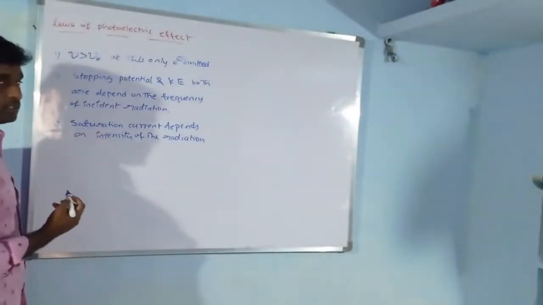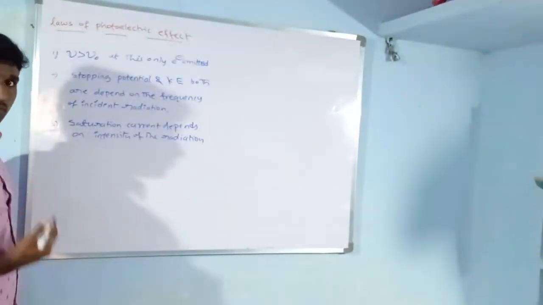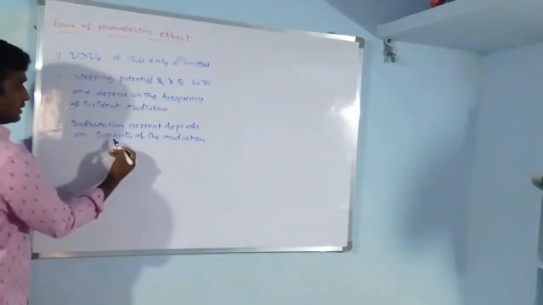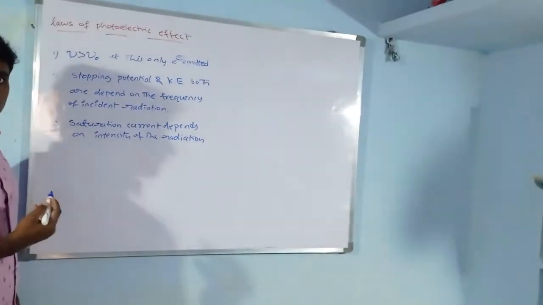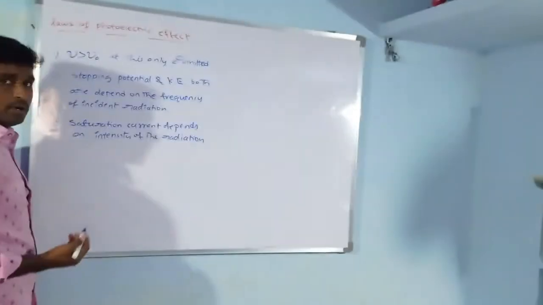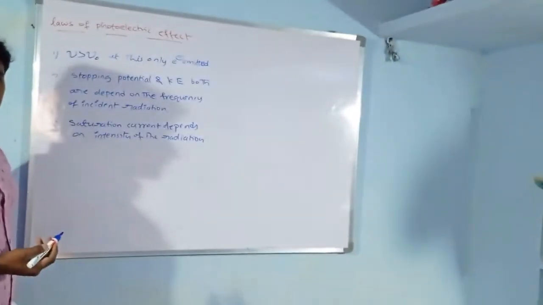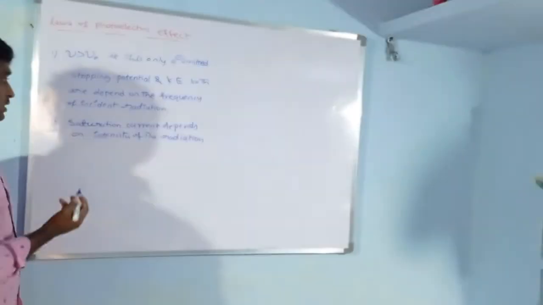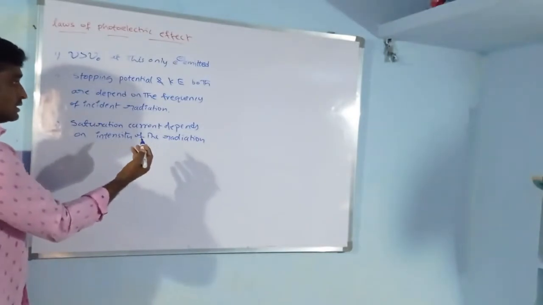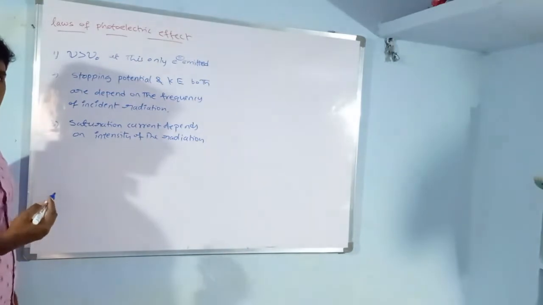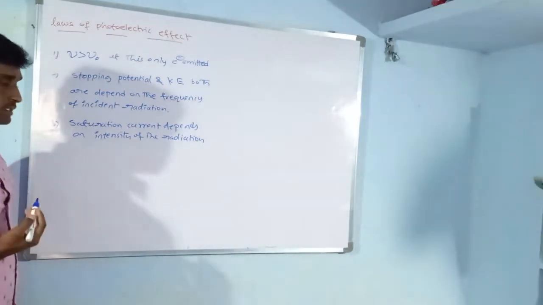After this limit, the current does not increase even if we increase the voltage of the battery. As the intensity of the source increases, the saturation current also increases. That means as the intensity increases, the number of electrons emitted from the metal surface increases.